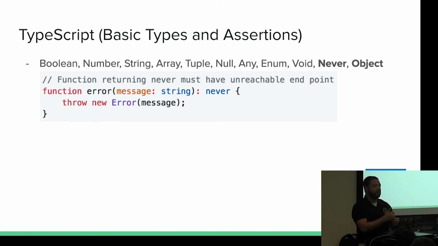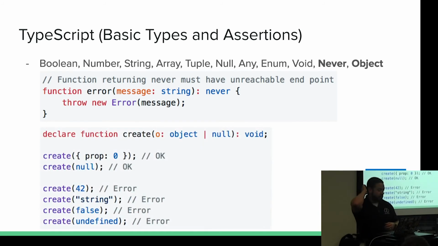If we were to comment out that throw new Error, the function itself would get red underlines and say, hey, this function actually executes and gets to the end. So the never assertion can be used for a lot of different things, but this is one of them.